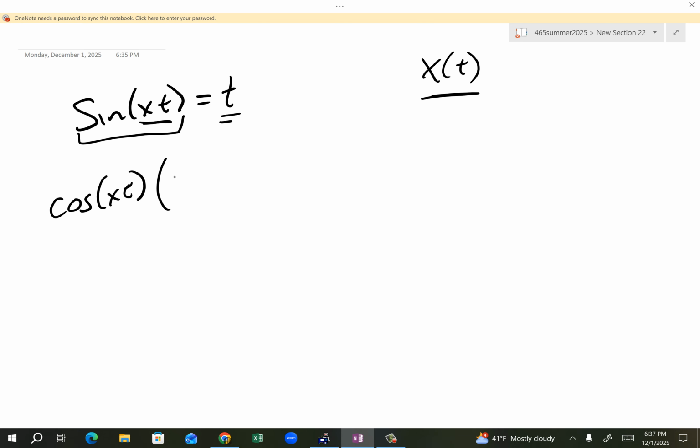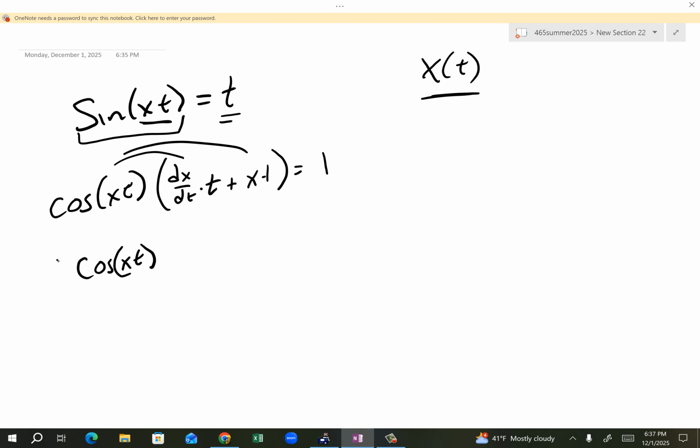So it's going to be dx/dt times t plus x times 1 equals 1. Distribute. So cosine xt, and I'm going to put t out front, dx/dt out back. That's how the big kids do. And plus x cosine xt equals 1.